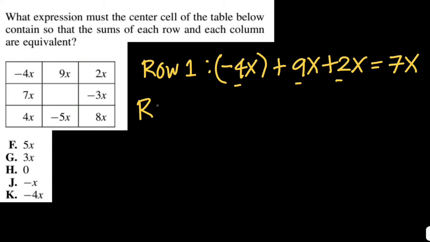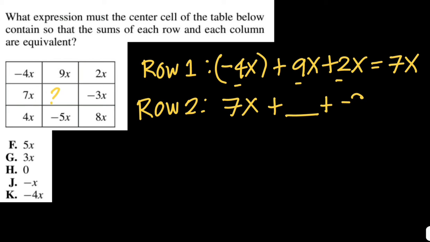Now let's add up the terms in row 2. So row 2 is 7x plus, we don't know this, right? We don't know that. Plus negative 3x, so it should be minus 3x.